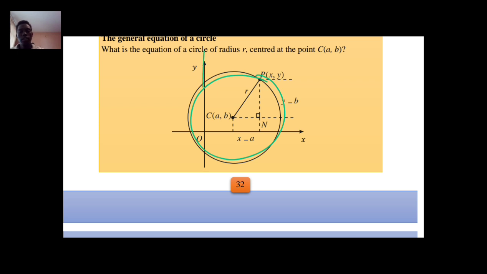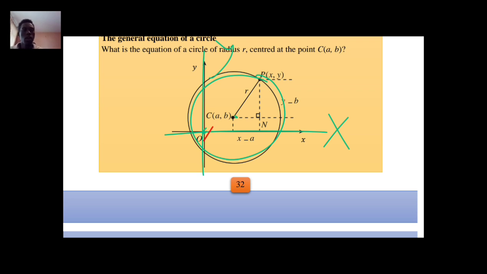You can see now, the circle is here, and this is the xy plane, or Cartesian plane. You can see the origin is somewhere here, the point where the coordinates are 0, 0. Now, the center of the circle is somewhere on the xy plane, so it is not here at the origin.